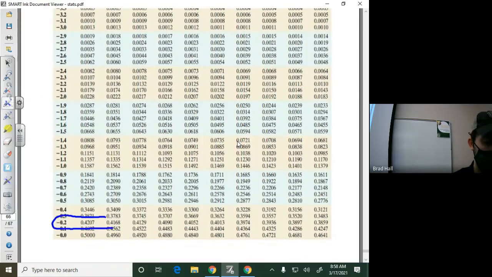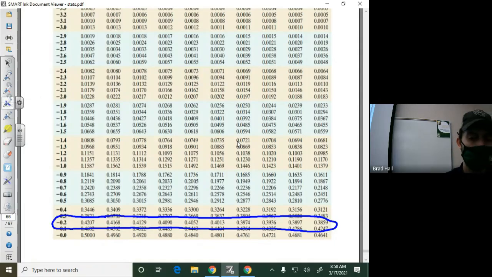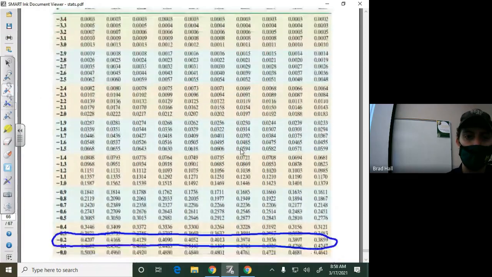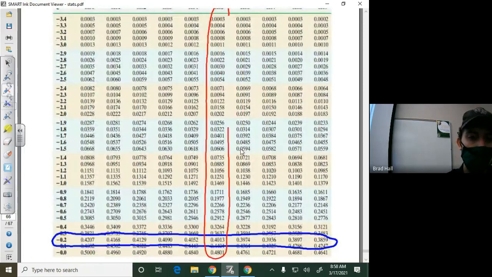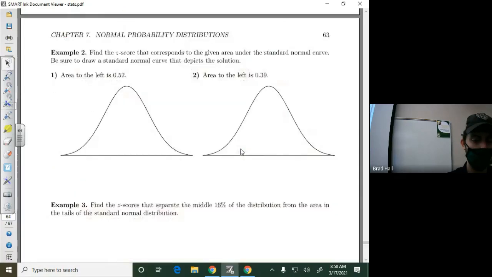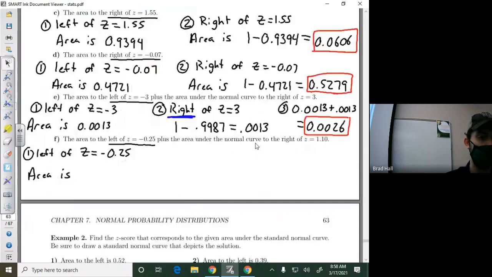That puts us right here. And then the 5 in the hundredths place, of course, puts us here. 0.4013. Okay, that's the first one.